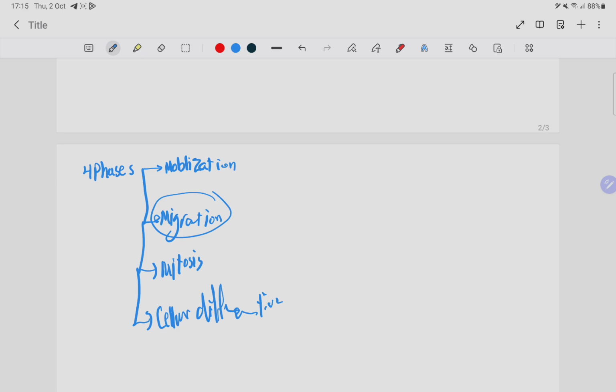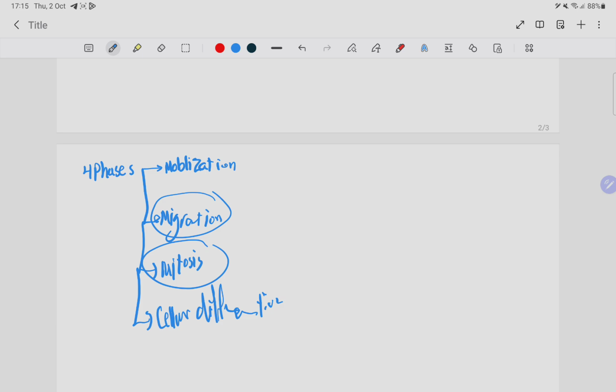The cells migrate across the wound until they meet those from the opposite wound edge. At this point, contact inhibition is reinstituted and the migration ceases.